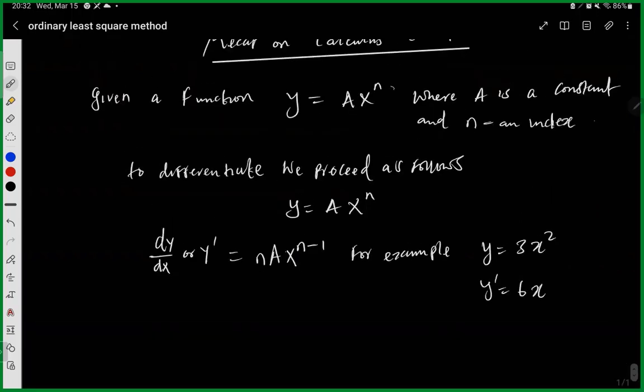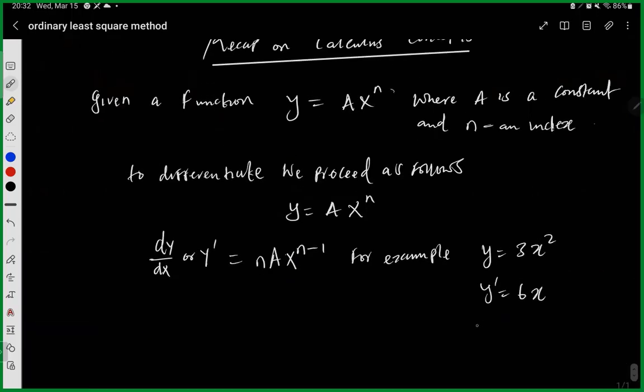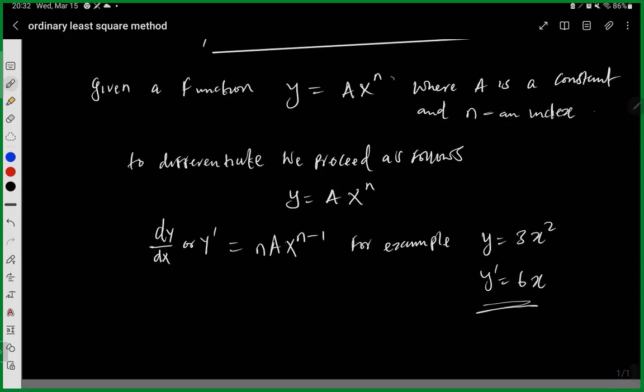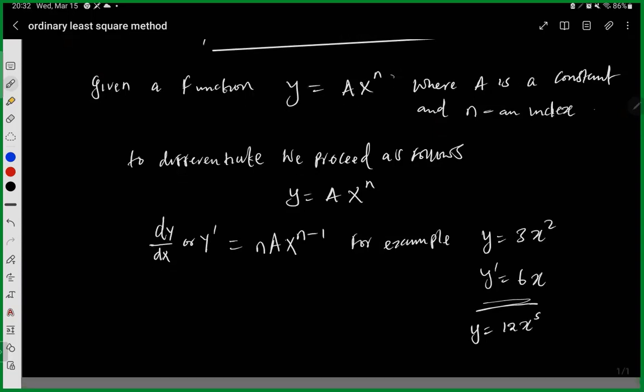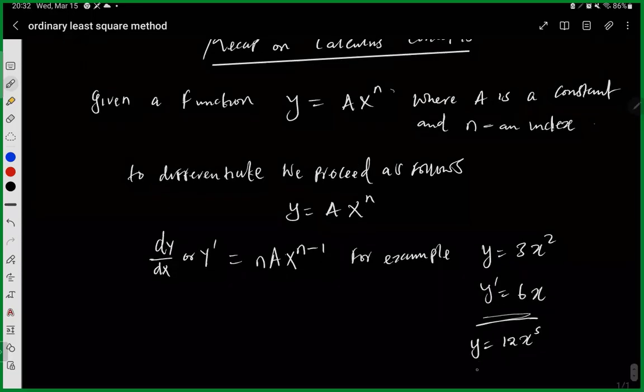Another example, just in case there are those still wondering what's going on. If y is equal to 12x to the power 5, then y prime is equal to 60x to the power 4, since the 5 comes down and multiplies with the 12, and we reduce the power by 1.